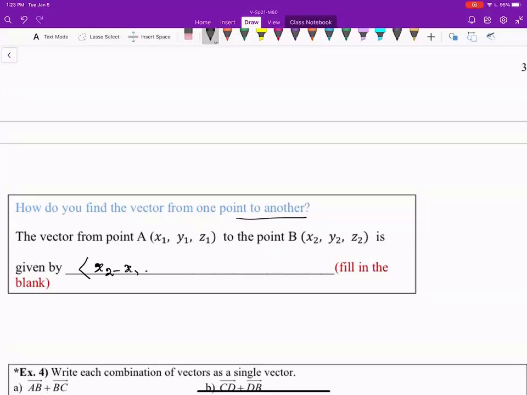Subtract the corresponding components, starting with the components of B minus the components of A. So x2 minus x1, y2 minus y1, z2 minus z1. This is the vector representation of the line joining A and B. Vector AB is represented by angle bracket x2 minus x1, y2 minus y1, z2 minus z1.